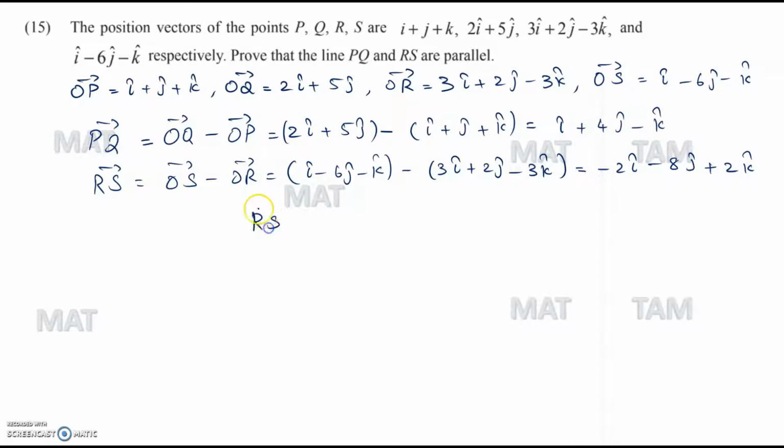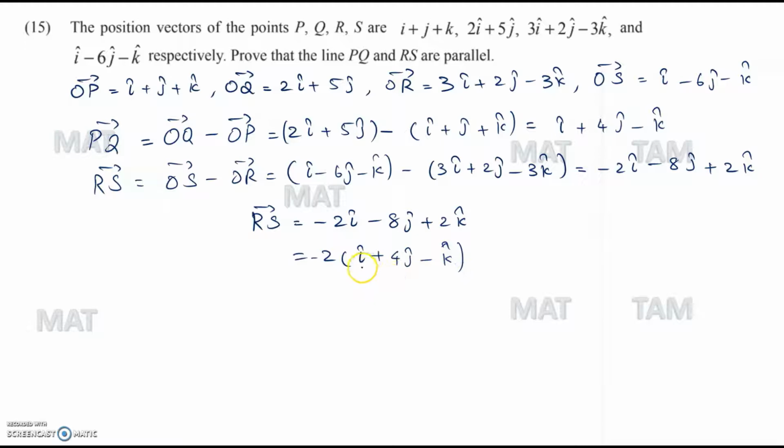So RS vector is equal to minus 2i cap minus 8j cap plus 2k cap. So this can be further written as minus 2 times of i cap plus 4j cap minus k cap.